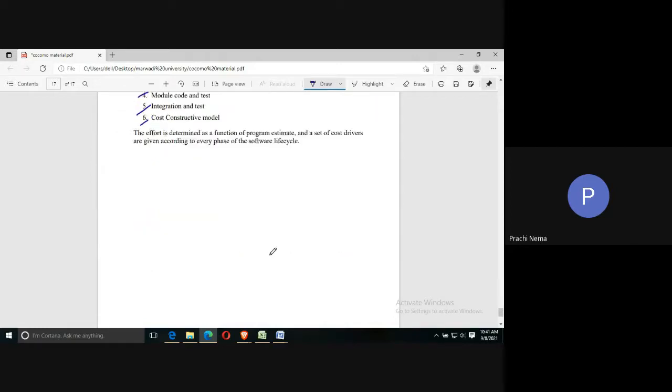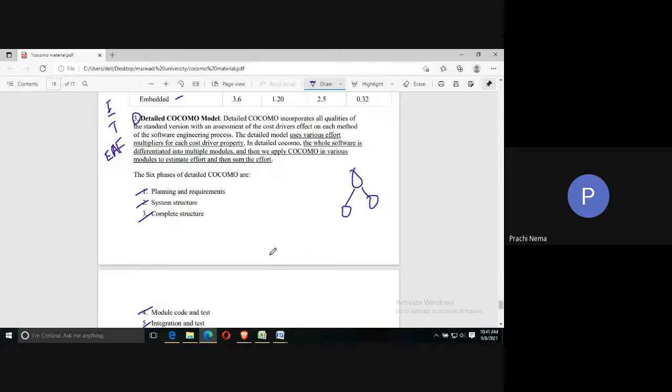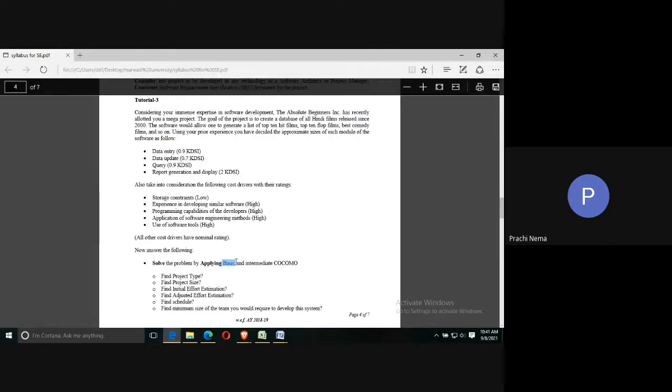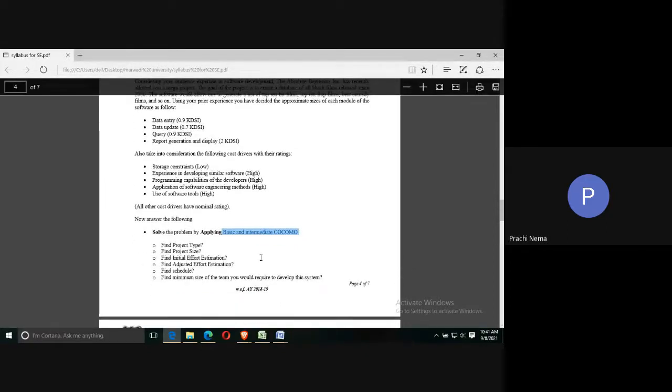You need not get into much detail. You just need to be clear about basic and intermediate COCOMO for your understanding, because the experiment which you need to do here is applying basic and intermediate. So now you will understand this numerical in a better way. Here you need to find the project type.